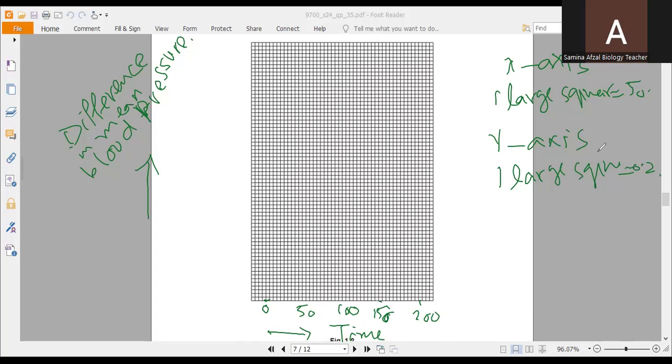We will start writing 0 at the top, because 0 is the largest value in this case. So 0 will be taken at the top.